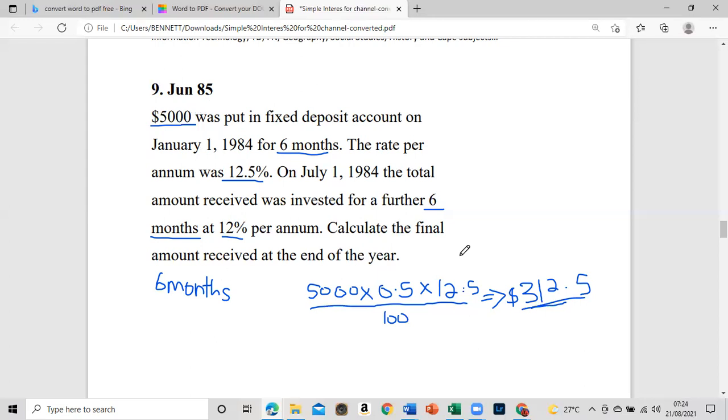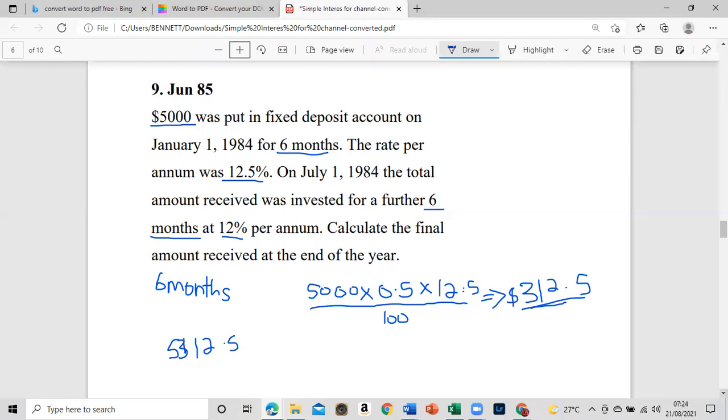So we're going to add this to the principal because it's not just 5,000 now. The money has increased because of the 6-month period, it gained this on it. So when it gains, we have to add, right? So 5,000 again, 5,312.5. But this time it's going to be 12%.